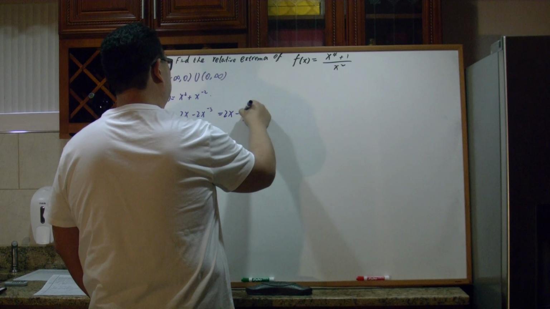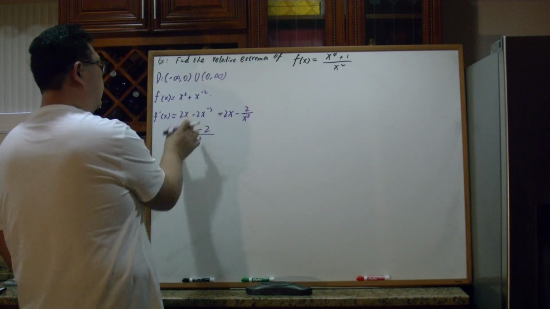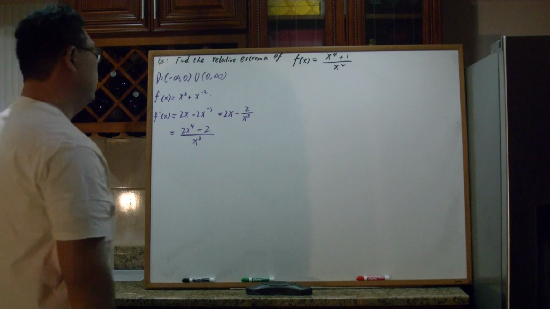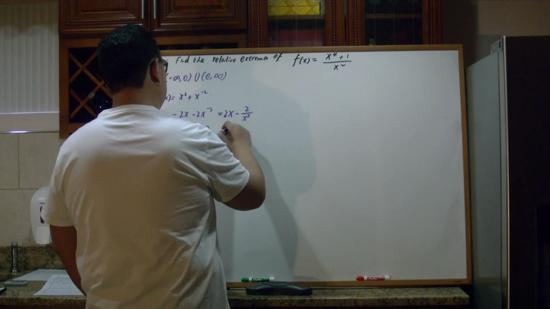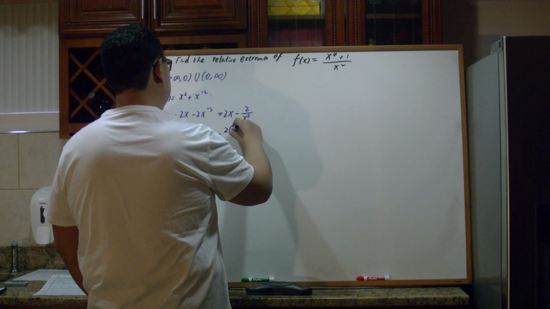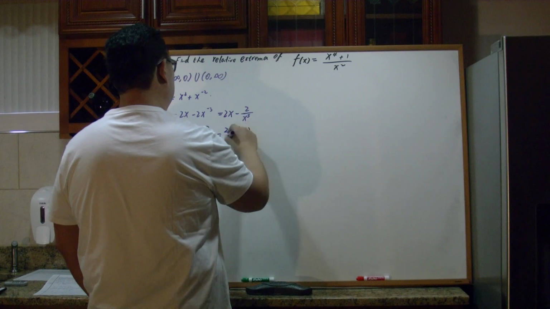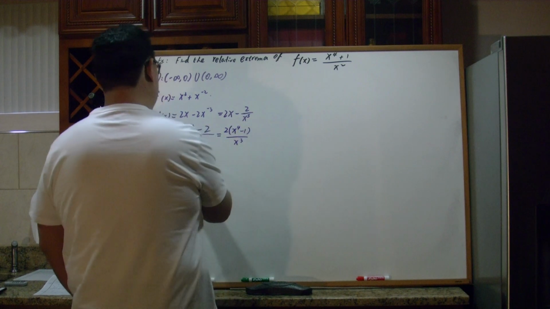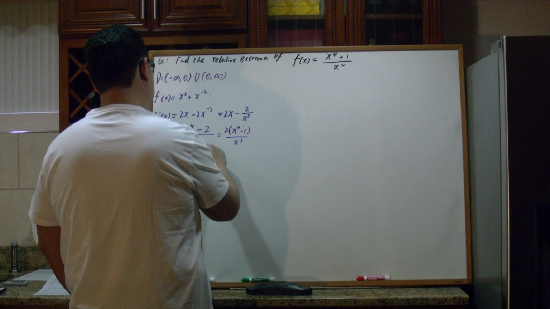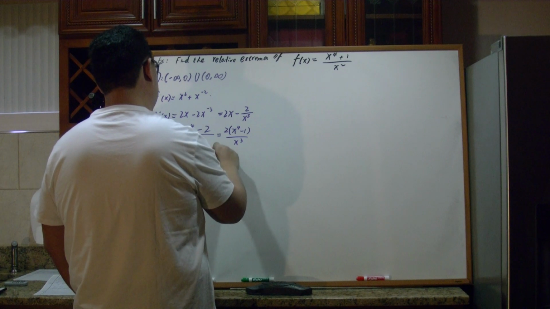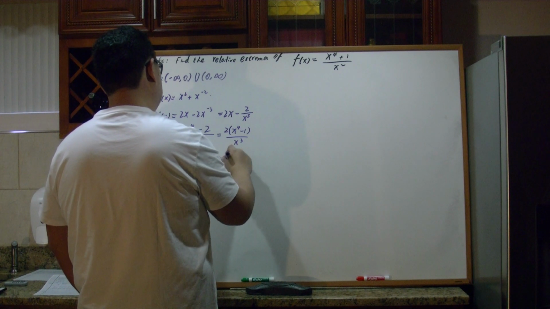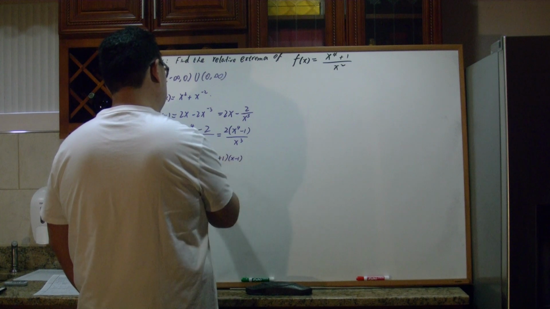We get x to the third as a common denominator, and we get 2x to the fourth minus 2. If you want, you can factor the 2 out, that's x to the fourth minus 1, which is 2 times x squared plus 1, x plus 1, x minus 1, and so on.